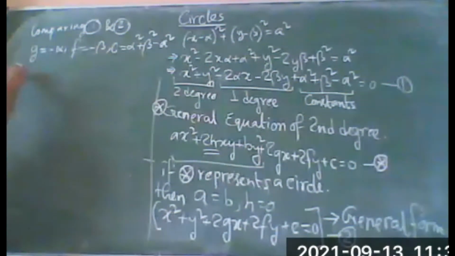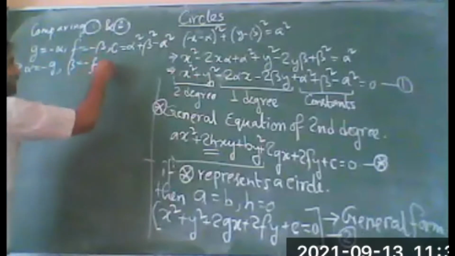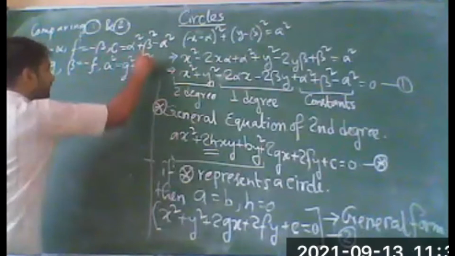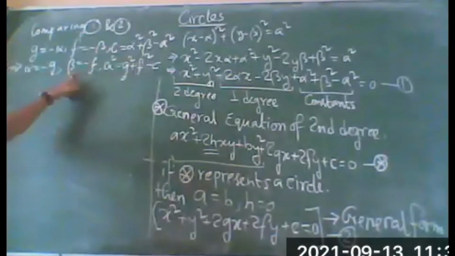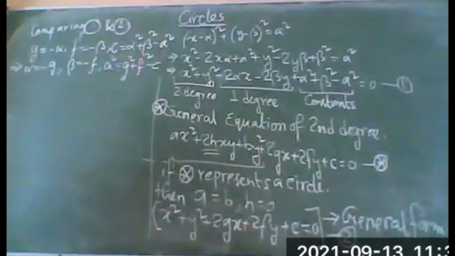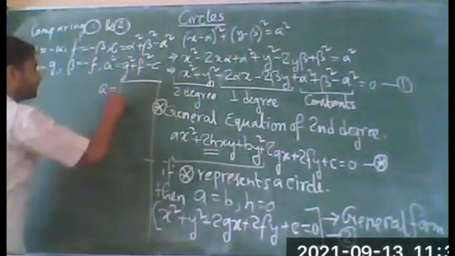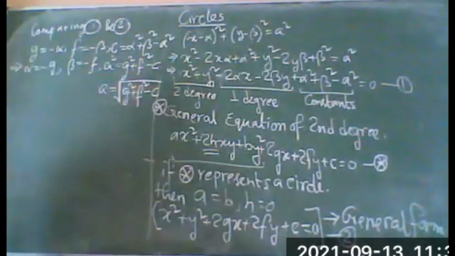So from here we can say alpha is equal to minus g, beta is equal to minus f, and a square will be g square plus f square minus c. If you see carefully, for alpha we are putting this g, for beta we are putting f and changing the side. So from here we can say a is equal to root over of g square plus f square minus c.